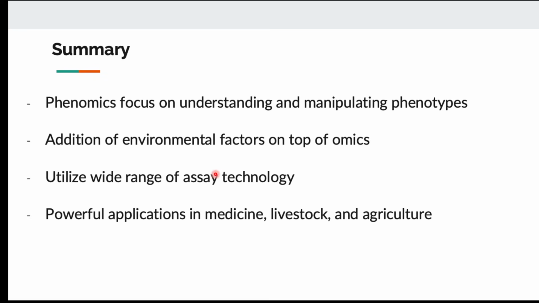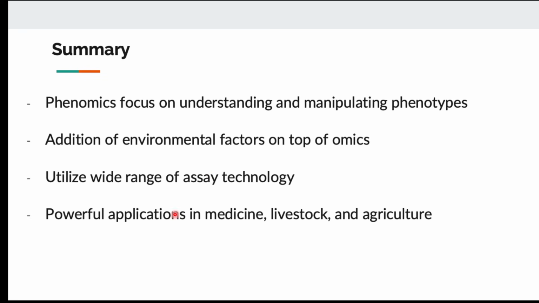This can involve assays that are different from what we learned throughout this course. We learned all the molecular functional assays, but phenomics also utilizes imaging and videos. This in turn requires modern-day computer vision AI to process the data and extract the phenotype, the details of the animal and the plant, from the videos and images.